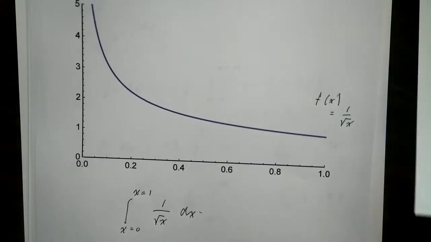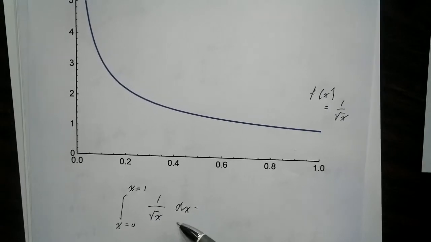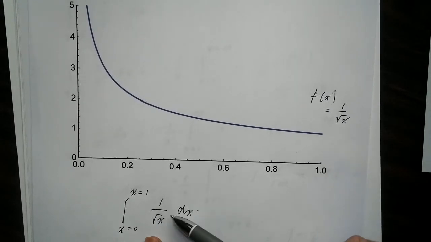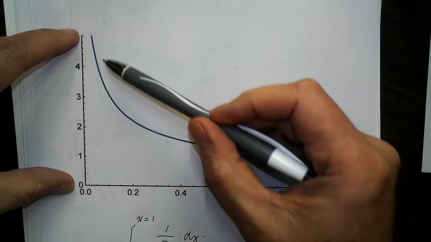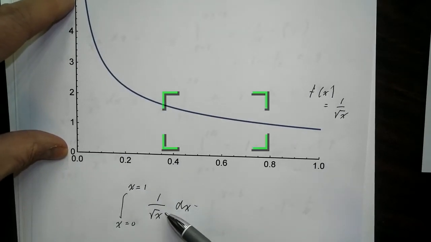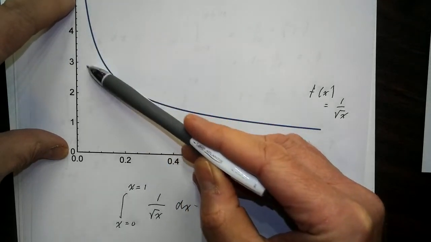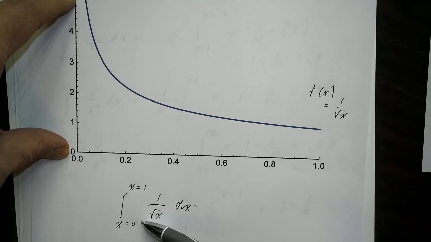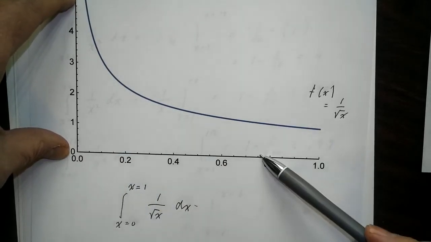Similarly, let's take a look at the function 1 over the square root of x and the improper integral from 0 to 1 of 1 over the square root of x. Now 1 over the square root of x has a vertical asymptote at the origin, so the graph keeps going up like this. So when we write this improper integral down, what we're asking is: is there an area that corresponds to everything that's bounded by x equals 0, x equals 1, the function, and the x-axis?